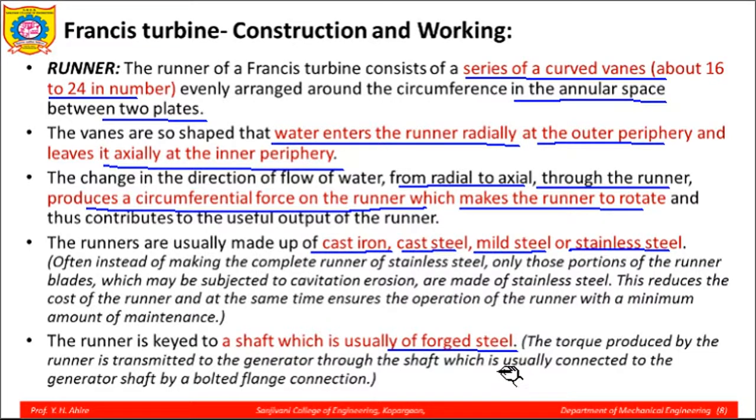And of course this shaft is connected to the shaft of the generator by means of a flange coupling. Runner blades are sometimes made of stainless steel so as to prevent cavitation erosion. In case of a Francis turbine, cavitation is a problem, a phenomenon, and it may deteriorate the runner vanes.